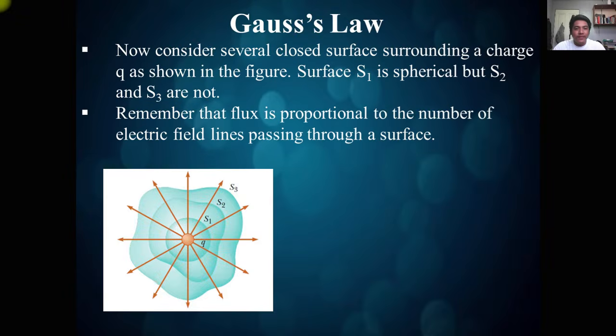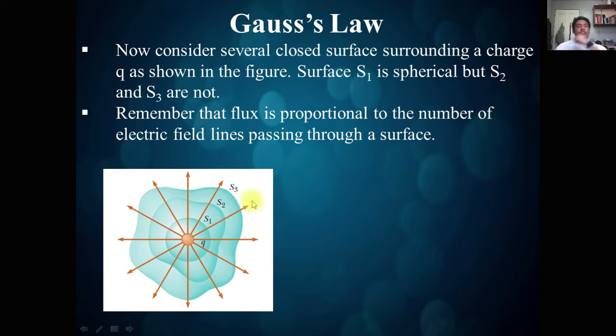Let's try again. Now consider several closed surfaces surrounding a charge Q as shown in the figure. For example, in our first figure, we have a sphere, and inside this sphere is Q, a positive test charge Q. We also have an irregular shaped surface that we call surface 2, and another irregular shaped surface that we call surface 3.